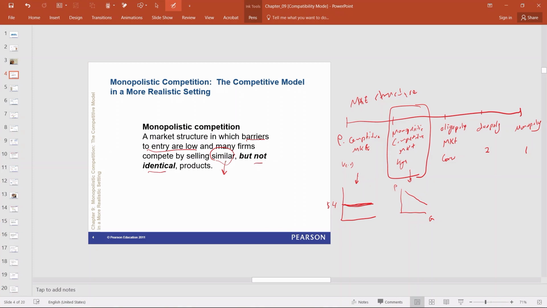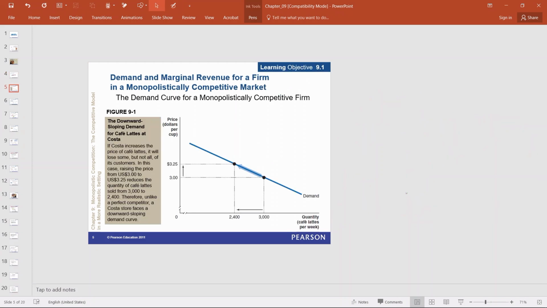So they can convince some consumers of the attributes of their products that they offer. That's why they could put some different prices. And in this case, market demand curve is downward sloping curve. So this is the shape of the demand curve.